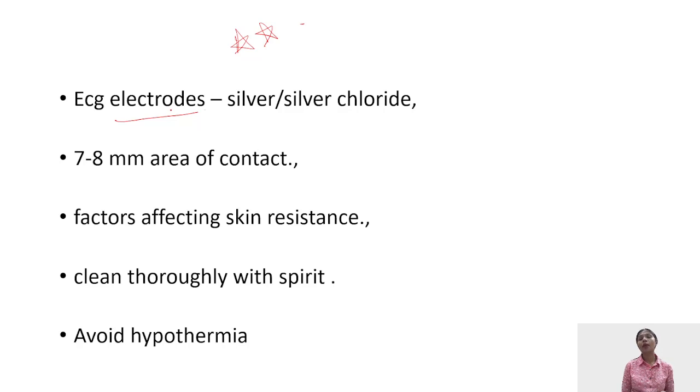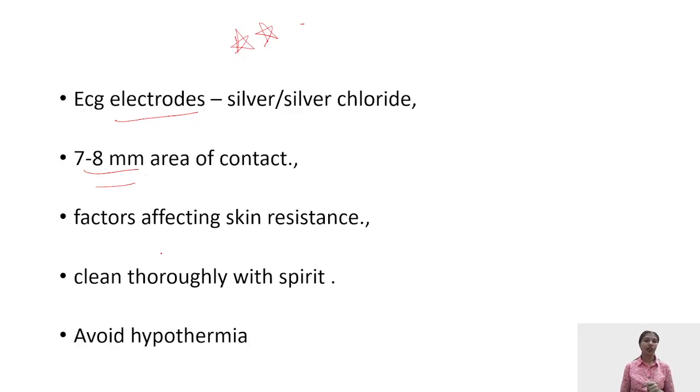The minimum area of contact that is required for neuromuscular monitoring is at least 7 to 8 millimeters. Anything that is going to affect your skin resistance is going to affect your neuromuscular monitoring, which could be like obesity or thick skin or pigmented skin or the skin in diabetes or liver diseases. You have to clinically clean the skin before with the help of spirit.